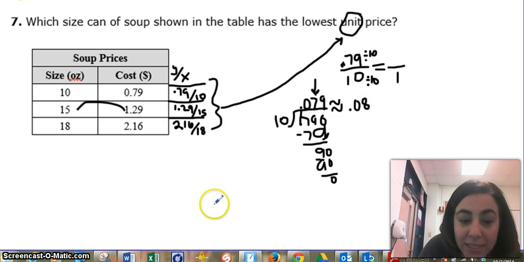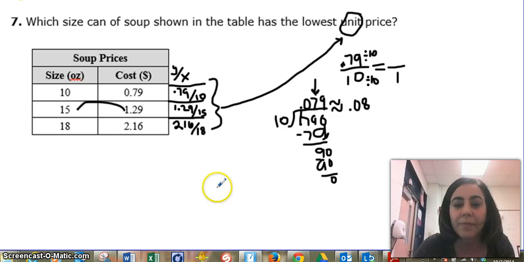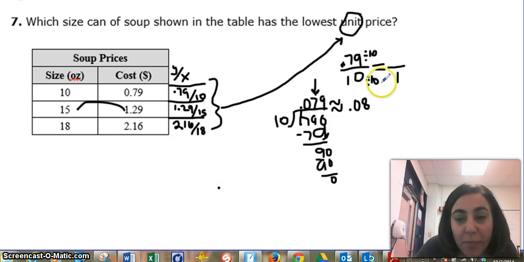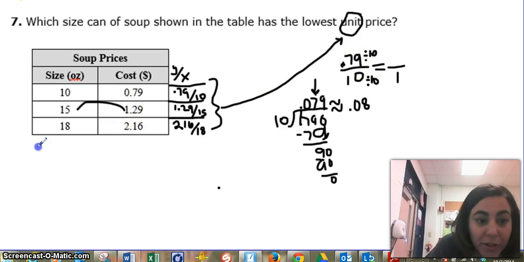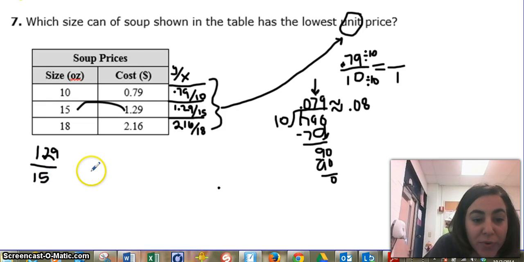Okay, you can pause. Okay, so to finish this problem, you're going to use the same process as we did for the first one. You're going to take $1.29 and divide it by 15. Basically, you're setting up for the unit rate.